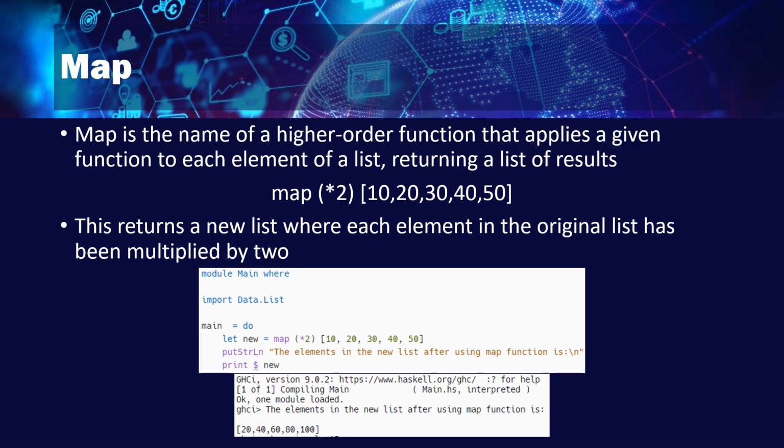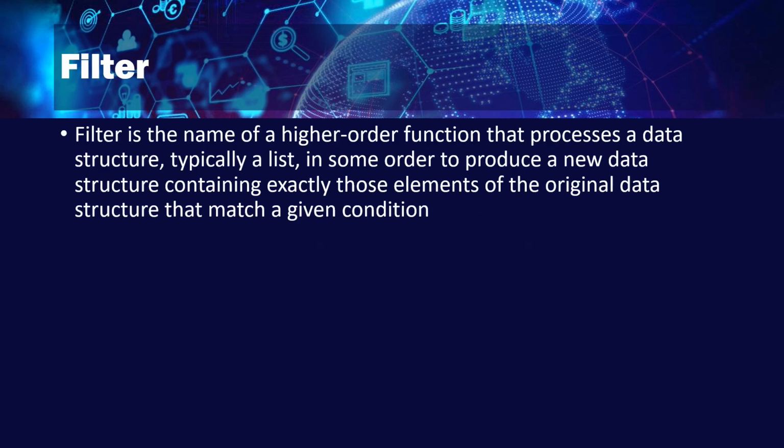So you can see here in the output that the new list is 20, 40, 60, 80, 100. As well as being able to pass map basic mathematical and comparison operators, we can also pass it functions that we've defined ourselves.